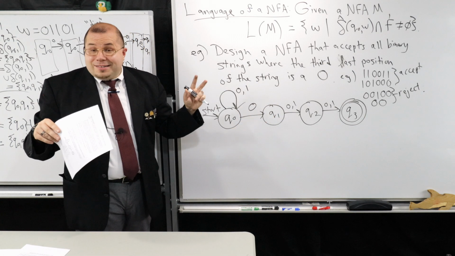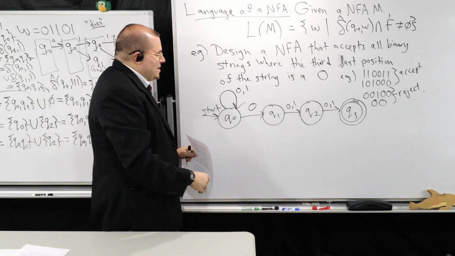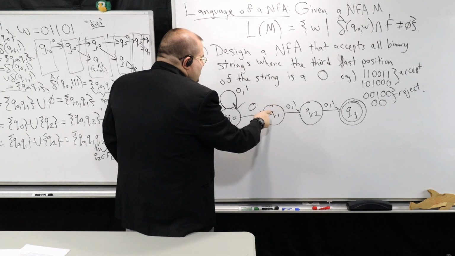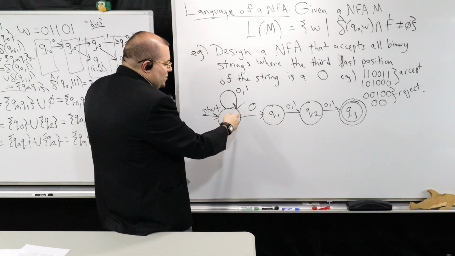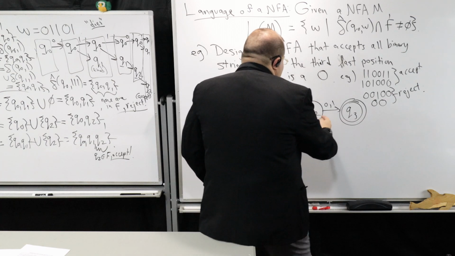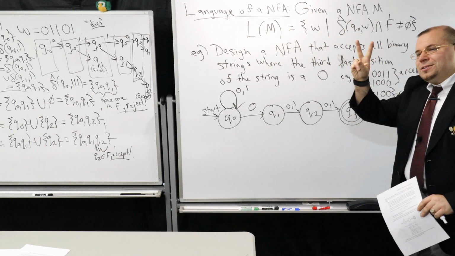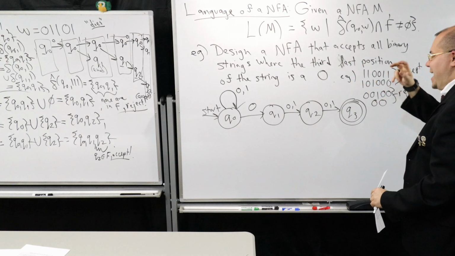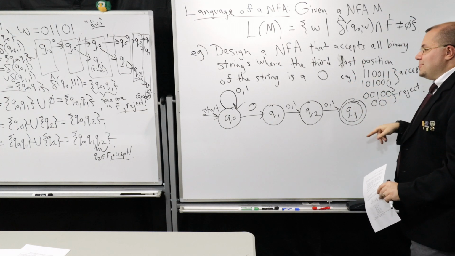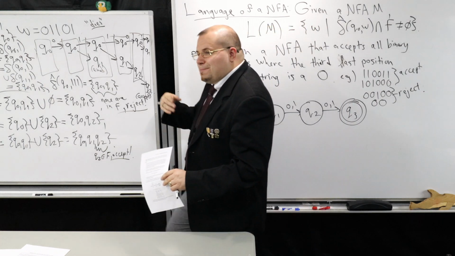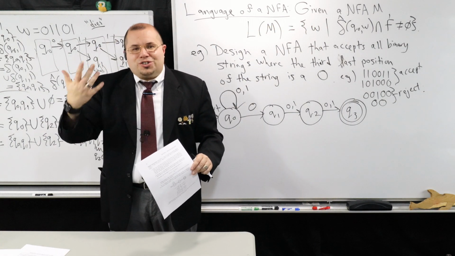So if, hypothetically speaking, it was able to read more than 3 symbols after a 0, there's no transition here, so that thread would get killed or ends. But this loop allows me to keep around longer strings.